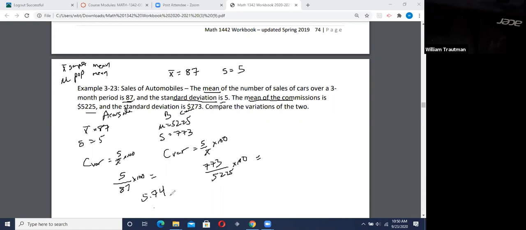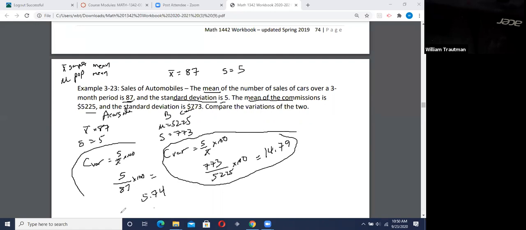The other one, 773 divided by 5225 times 100, I get 14.79. So this has a larger coefficient of variation compared to this one.